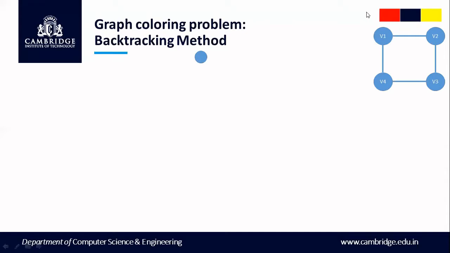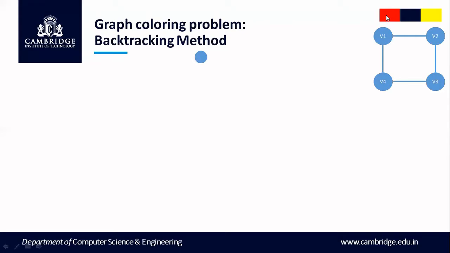That is, M is the number of colors and N is the number of vertices. Now, when we build our state space tree, starting with vertex 1, how many options are there for vertex 1 to plot a color? We have 3 options, right? Either red, black, or yellow.